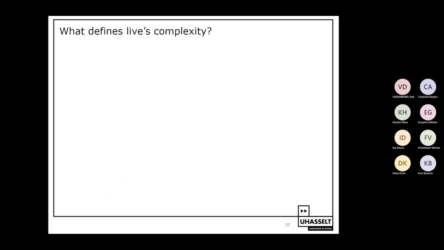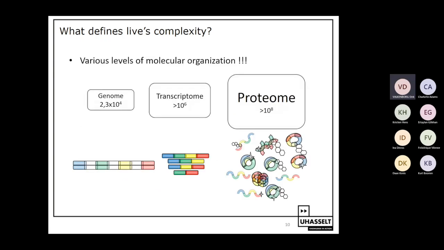Okay. So if you look at these various levels of molecular organization, then yes, indeed, we have 23,000 genes in our body. But when we consider the transcriptome and the proteome, we arrive at almost a billion different protein isoforms. So this is why proteomics is way more complicated than genomics.